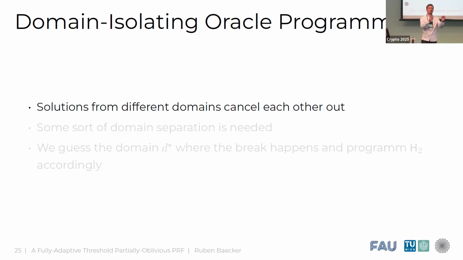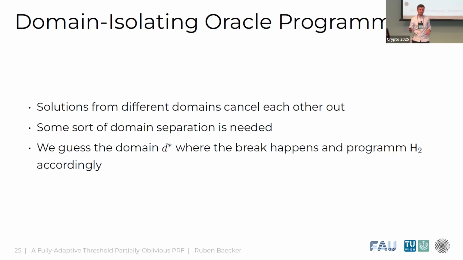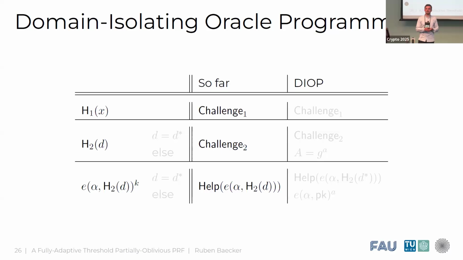So even if you have one more solution for one domain, but you're missing a solution for another domain, these just cancel each other out. So we need some sort of domain separation. What we do is we guess the domain D star where the break happens, and program the second random oracle accordingly.